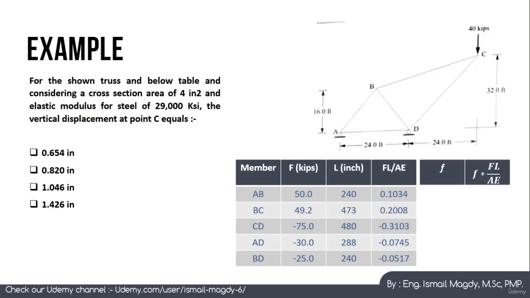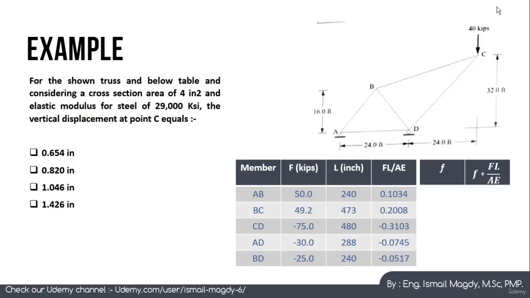So F small is the forces inside all of the members, but due to the unit load, not due to this force, which means that instead of this 40, we will have only one unit load applied here. So what will be the forces inside all of the members due to this one? Actually, you don't need to analyze the truss all over again to calculate this. Simply, you can refer to these values here.